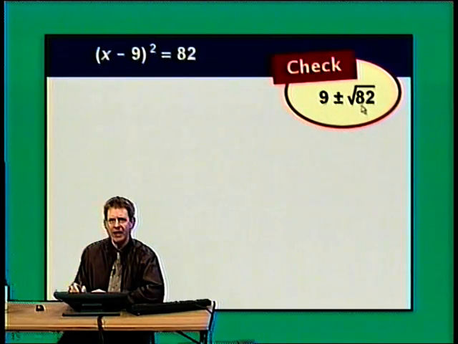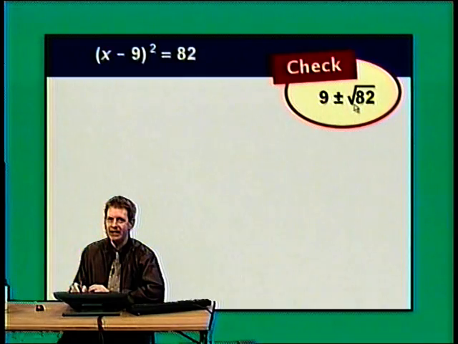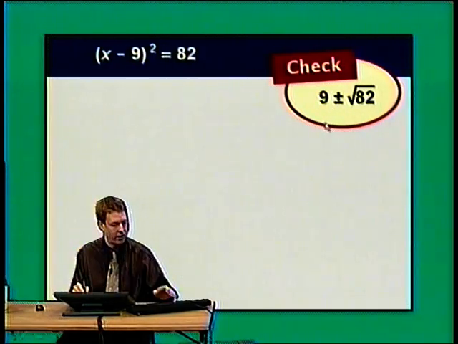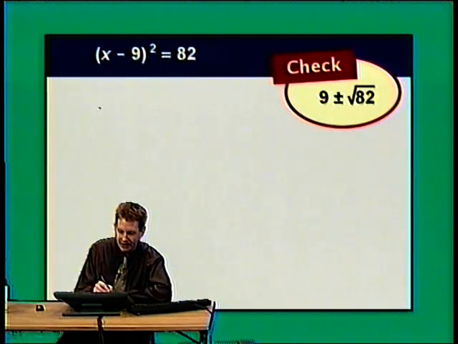The square root of 82 is a little bit bigger than 9 because 9 squared is 81. 9 plus a number a little bit bigger than 9 is bigger than 18. 9 minus a number that's a little bit bigger than 9 is just a teeny tiny bit less than 0. These numbers have opposite signs, but they are not opposite numbers because their absolute values are not equal to one another. So let's go ahead and check these one at a time.